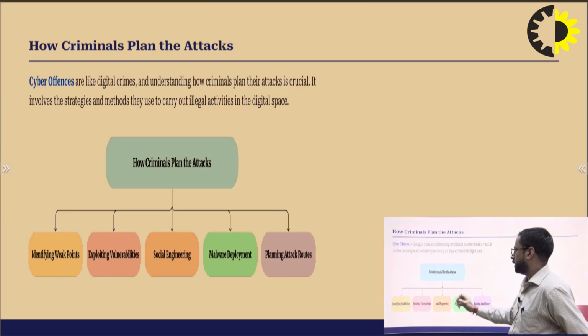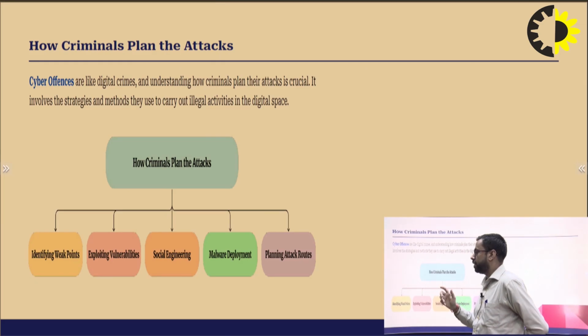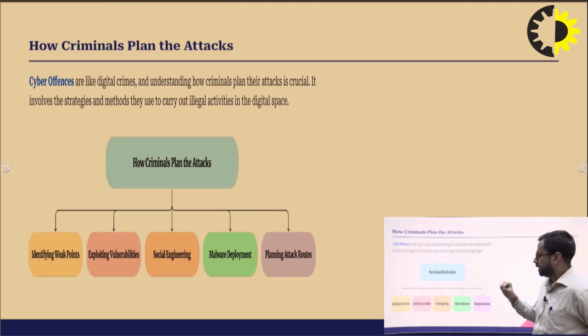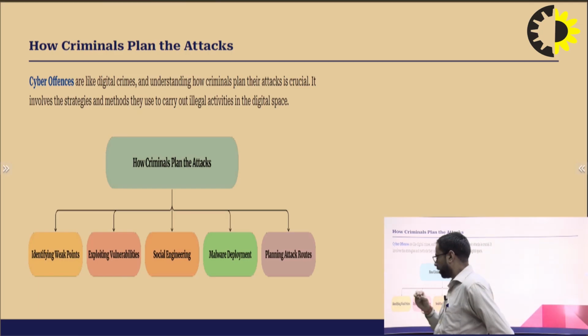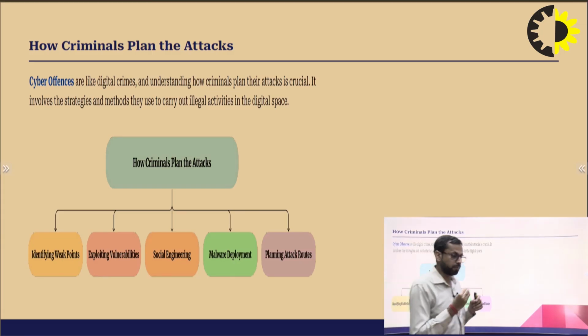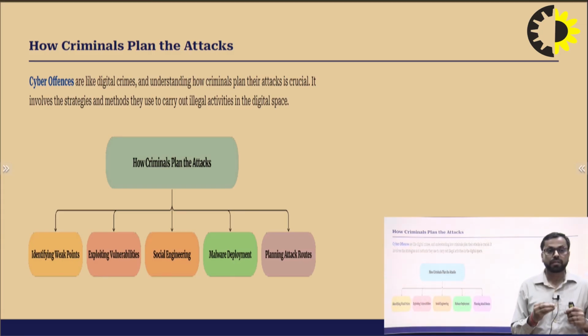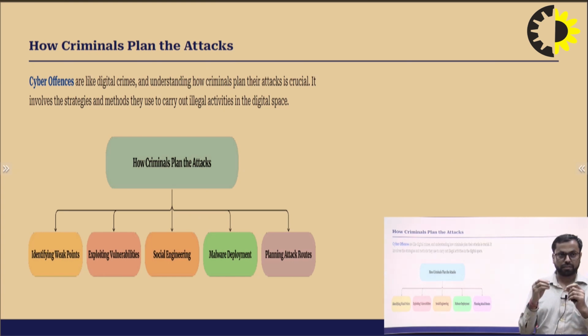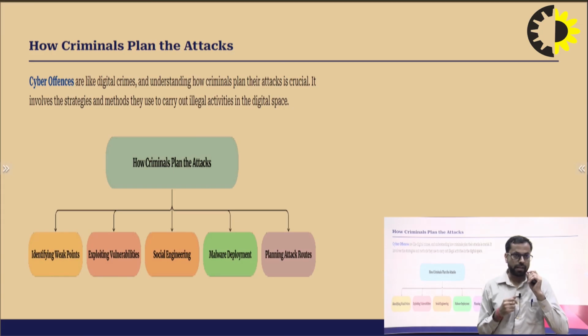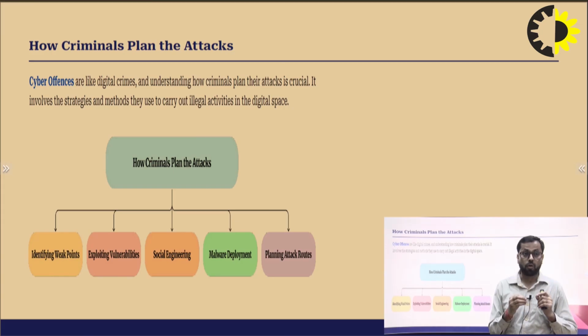The next one is exploiting vulnerabilities. What is that? Criminals exploit things that are directly connected to a person. Let's take an example: suppose a person is a student and using some computer services.